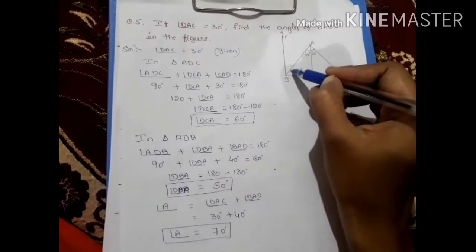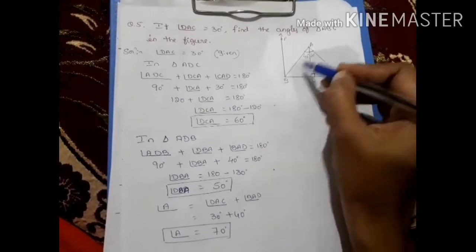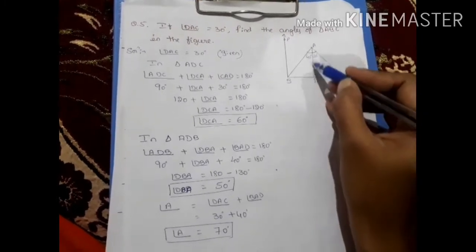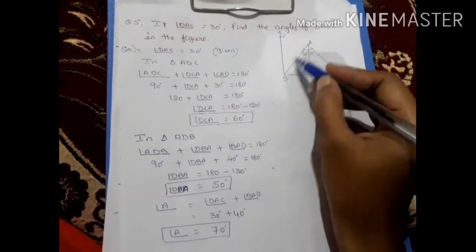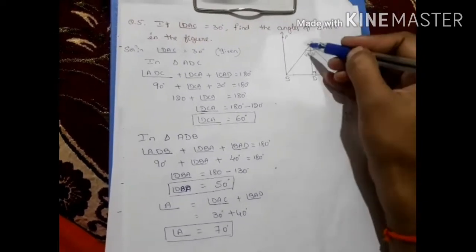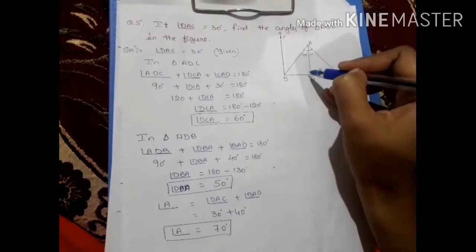Now to find this angle, consider triangle ADB, this triangle. So again apply the angle sum property. The sum of the three angles in a triangle is always equal to 180 degrees.